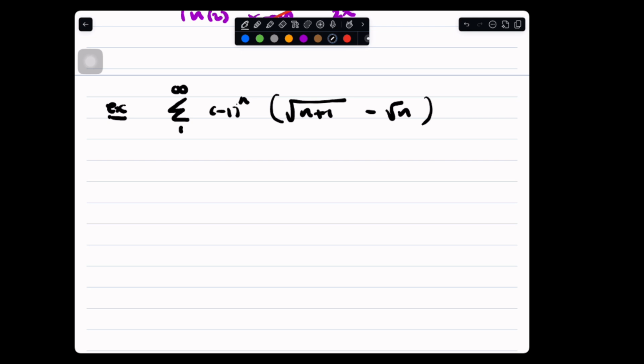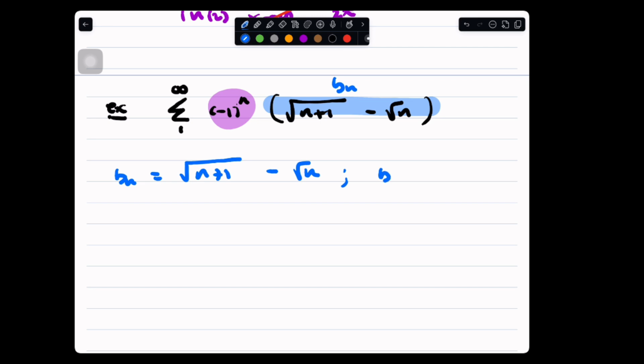All righty. Alternating. And then you go, is this my Bn? Mm-hmm. Let's Bn. Okay. I believe n is 1. Bn is positive for all n.